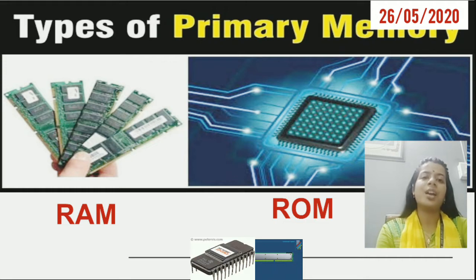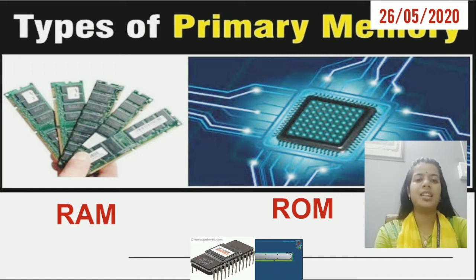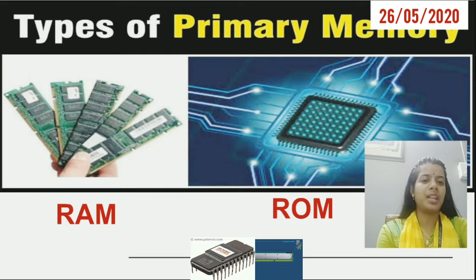Okay, again I am repeating, the full form of RAM is random access memory, and the full form of ROM is read only memory. Okay, so RAM and ROM are the two kinds of primary memory of a computer.